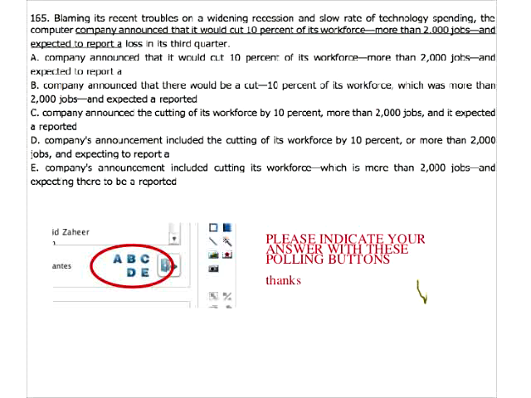Okay, go for it. If you have not indicated an answer, please indicate one in the next 10 seconds. Thank you.